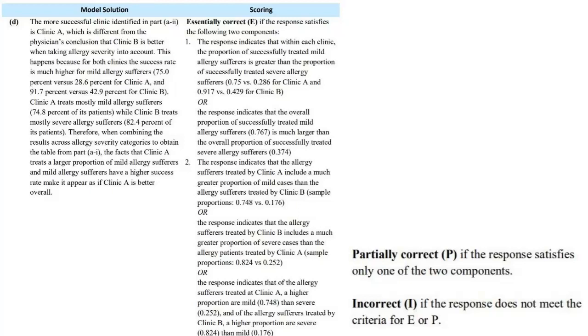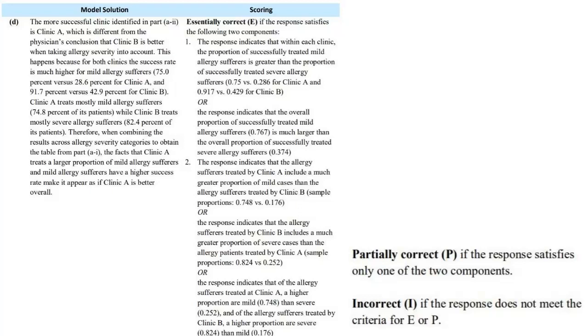Therefore, when combining the results across allergy severity categories to obtain the table from Part AI, the facts that Clinic A treats a larger proportion of mild allergy sufferers and mild allergy sufferers have a higher success rate make it appear as if Clinic A is better overall.